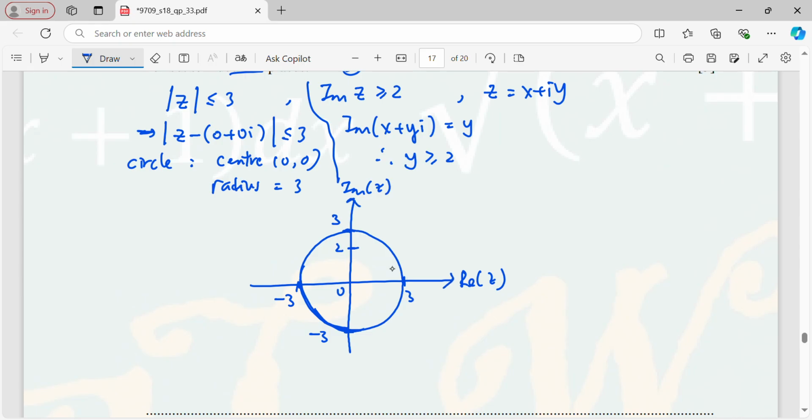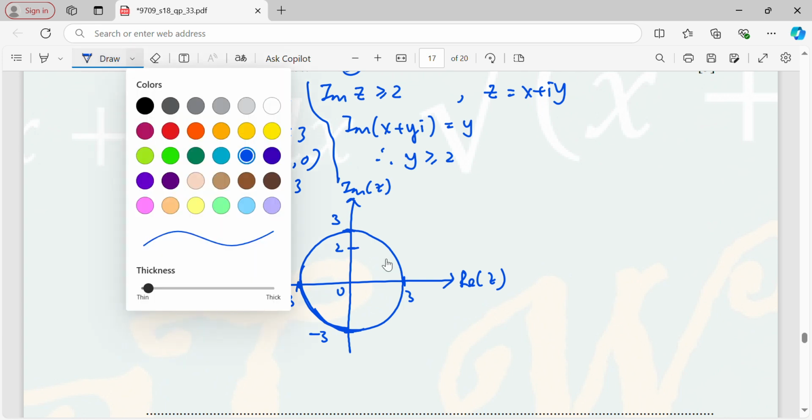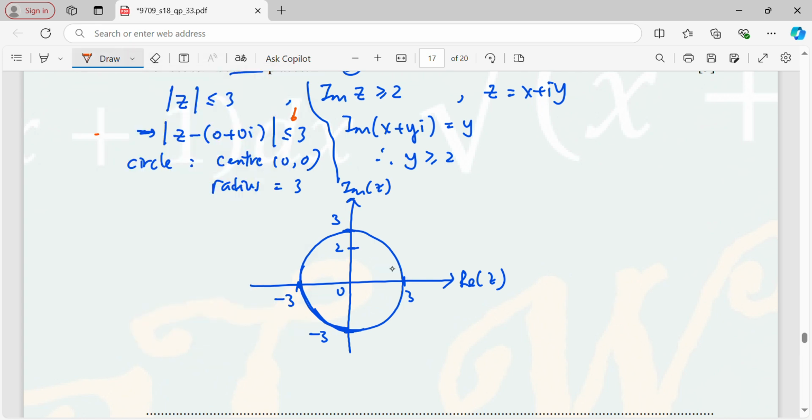Okay, so now the first one is the less than or equal to 3. That means if it is 3, that is the circumference of the circle. That means it's here. But because of less, that means everything inside, including inside. But then now we need to have another line which is y at least 2. So I will draw a line here, right? And the region is at least 2, means it should be above.